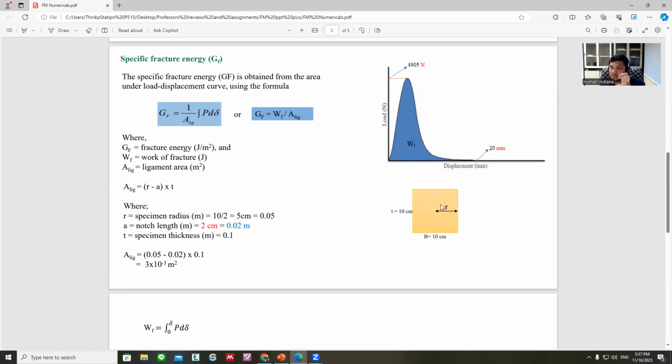So just for understanding, consider that R is half of the specimen, the specimen radius, which is 10 centimeter divided by 2, 0.05 in meters.